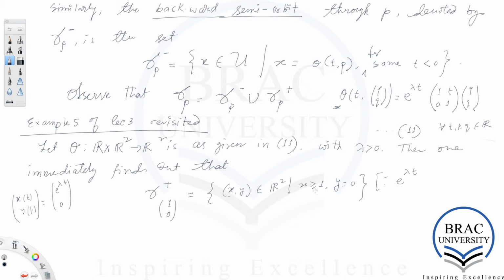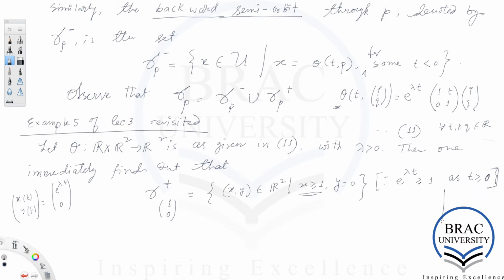And this is the case since e to the power lambda t is greater than or equal to 1, as we are just taking, according to the definition of forward semi-orbit, just the t's for which t is greater than or equal to 0.